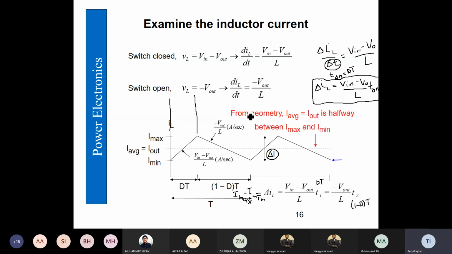and during off time. So let's say this is inductor voltage.